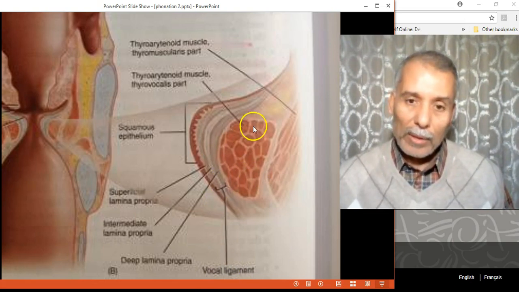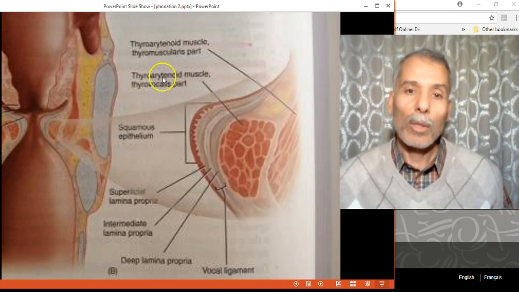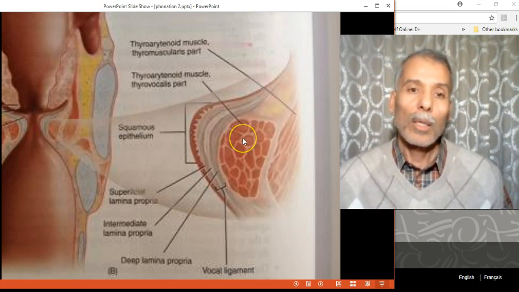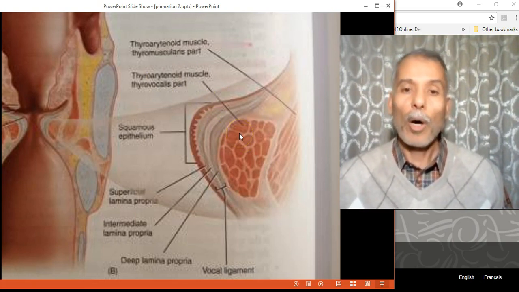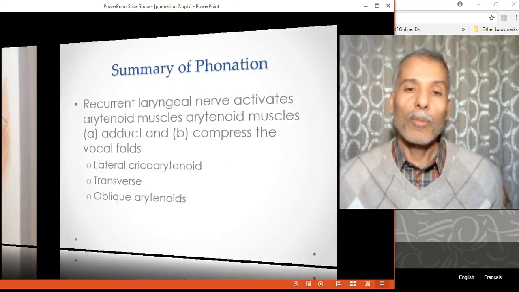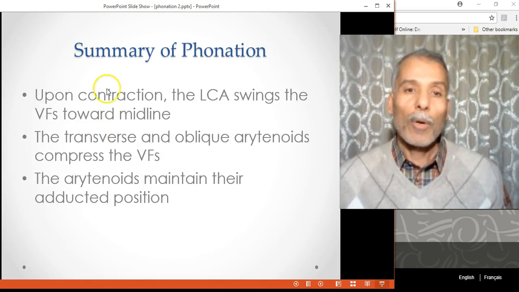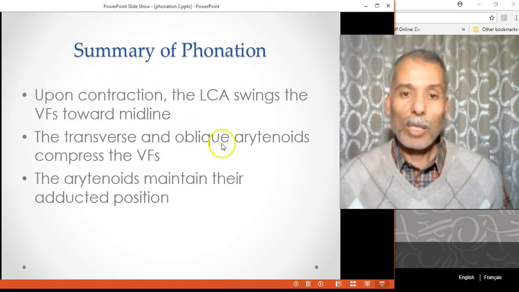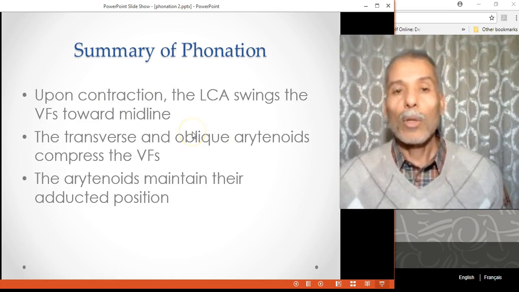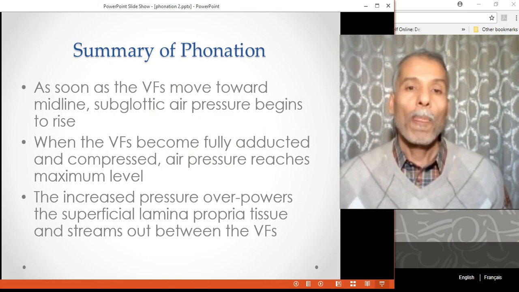And then the inside, the core, is the muscle, the thyrovocalis muscle. That is the summary of the phonation process and how the vocal folds are adducted and how they actually vibrate.